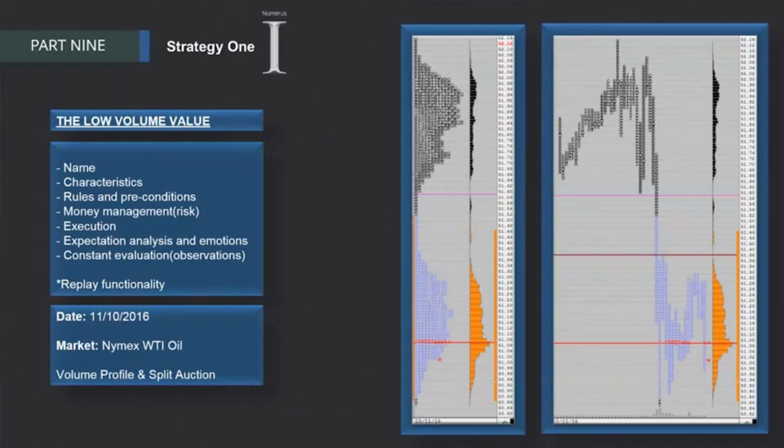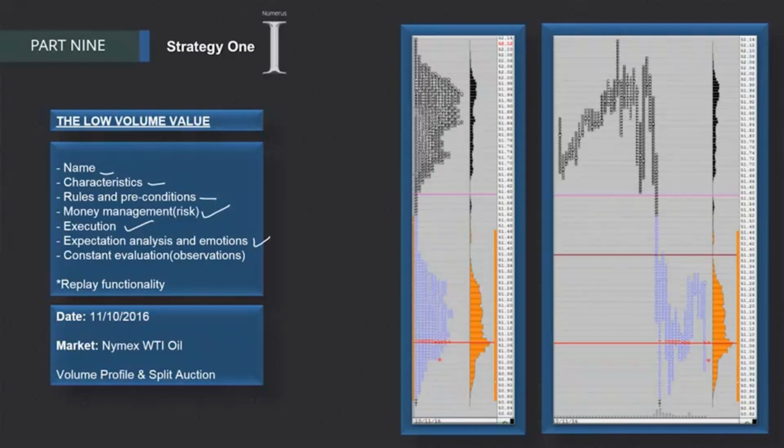Now, as we go through the strategy, I'm going to cover some of the following elements: the name, the characteristics, the rules and preconditions for the trade, money management, execution, expectation analysis and emotion analysis, as well as the concept of constant evaluation, before we then move on and begin our series of replay functionality.